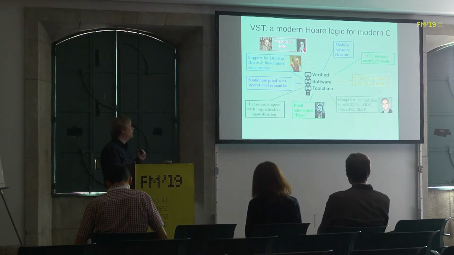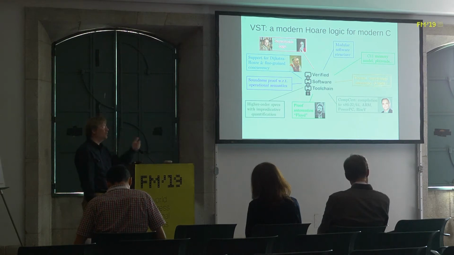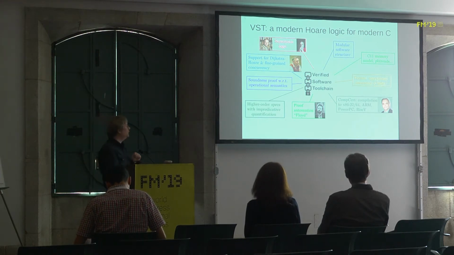The CompCert proof asserts that the observational behavior you can make about a Clight program is transferred correctly to an assembly-level program.